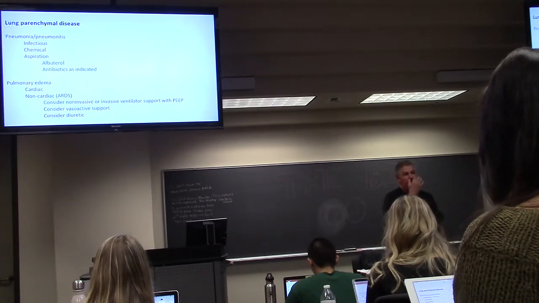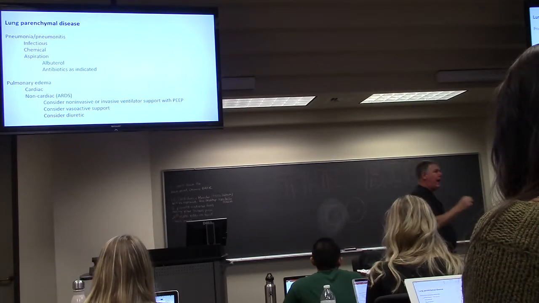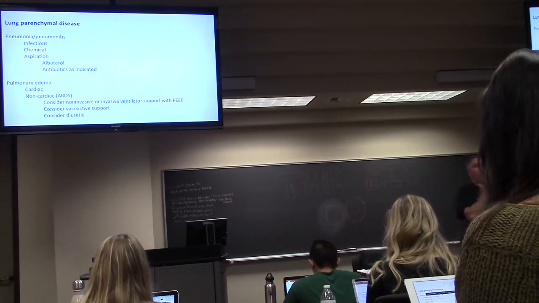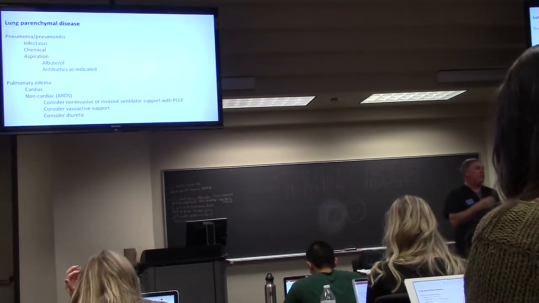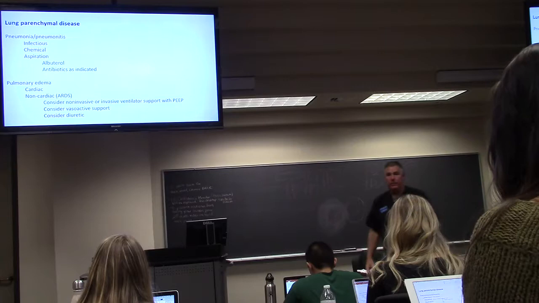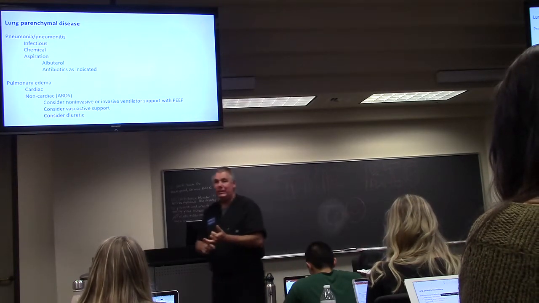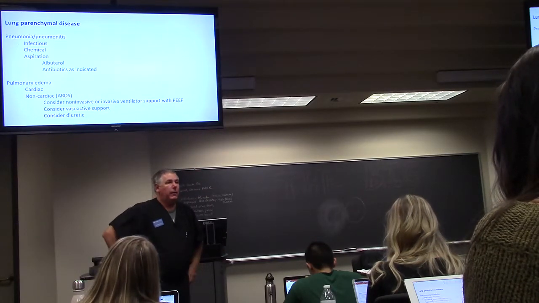Aspiration would be, during cardiac arrest, there will be vomit in the mouth. And so preventing gastric aspiration, or aspiration of gastric contents into the lung, is a big deal. You see that a lot in neuromuscular diseases. So that's what you always want to try to prevent, is aspiration.